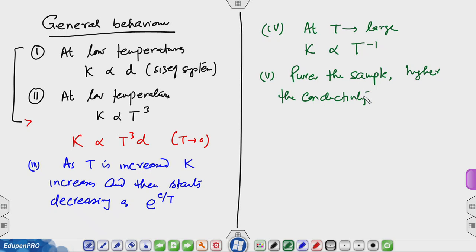So, to understand this, let us look at kinetic theory and analyze the behavior of K in terms of different quantities appearing there.